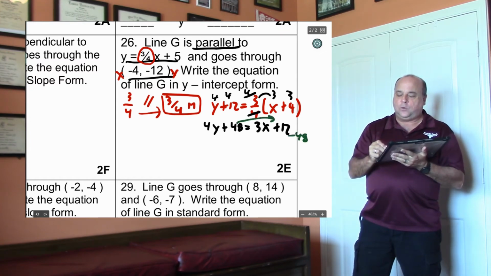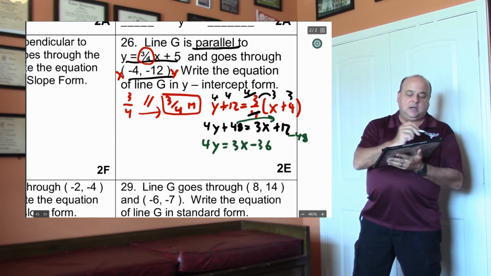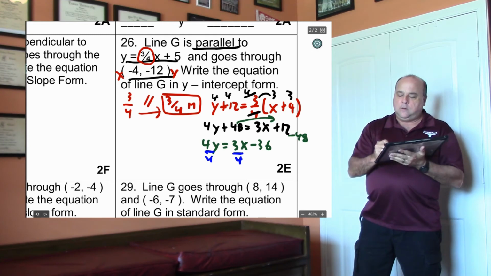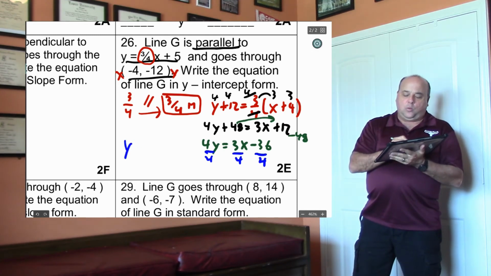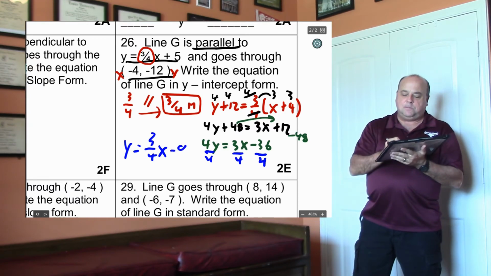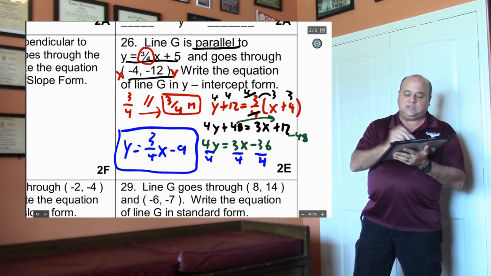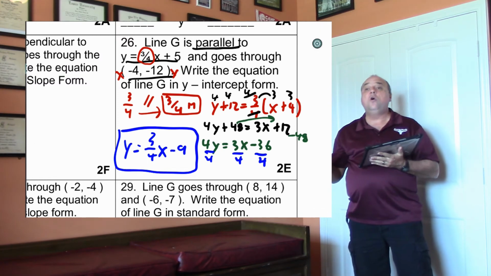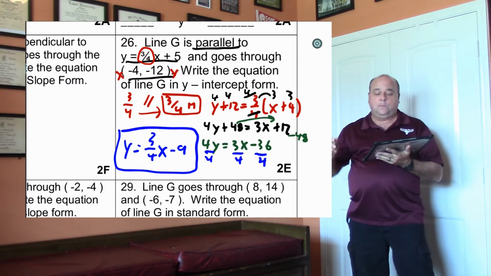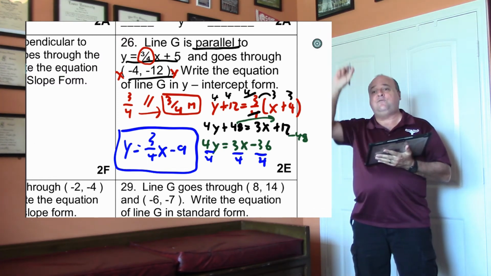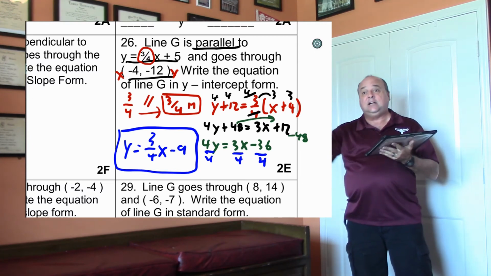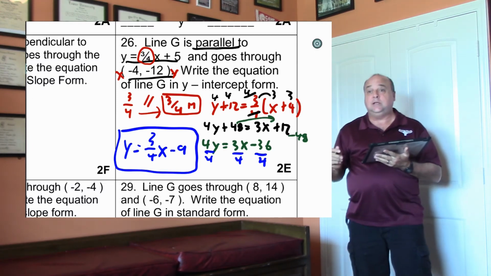That's going to be minus 48. So I'll have 4y equals 3x minus 36. And then I'm going to divide by 4. And I'll end up with y equals 3 over 4 x minus 9. Notice my slope did not change. My y-intercept is now negative 9, isn't it? So basically, I just slid that line down from the plus 5 to the minus 9. I translated it down 14 units, didn't I?